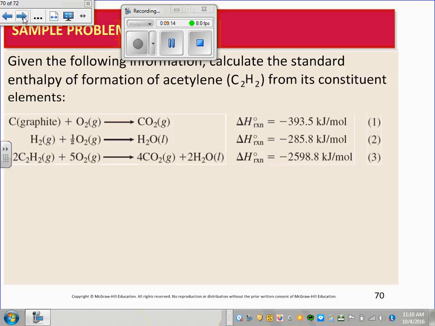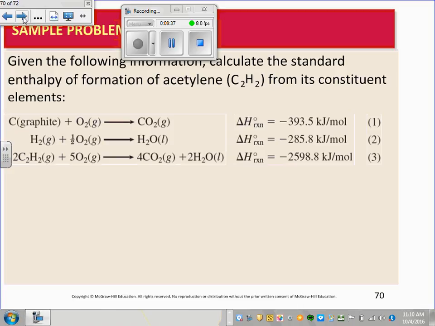So now let's check. Remember, we want to get this result. All right. Well, I have 2 CO2s, so those cancel. I have 1 water, cancel here. I have 2.5 oxygen here, and I have 2.5 oxygen here, so those cancel.